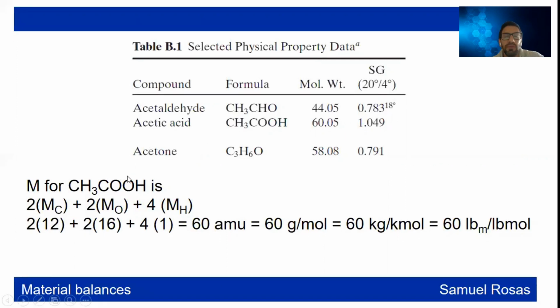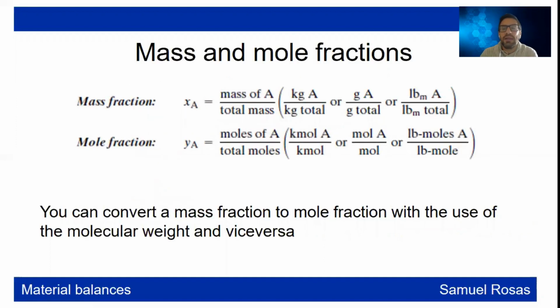So this is 2 times 12, plus 2 times 16, plus 4 times 1, more or less, yielding 60 atomic mass units, which stands for gram per mole, or kilogram per kilomole, or pound mass per pound mole, okay?